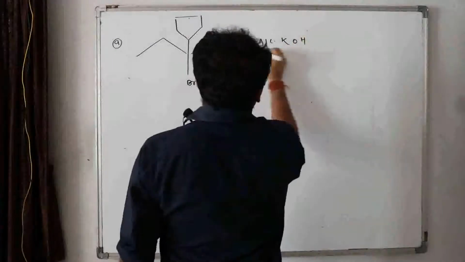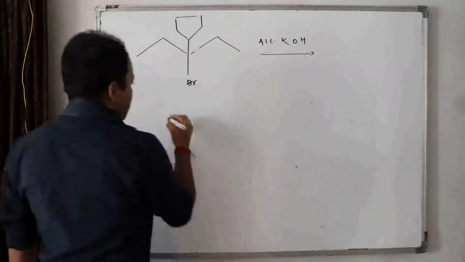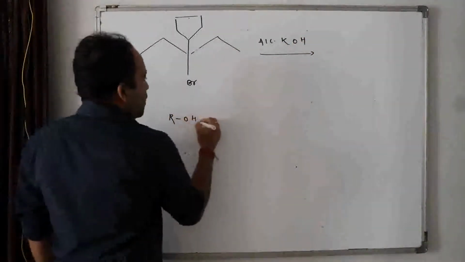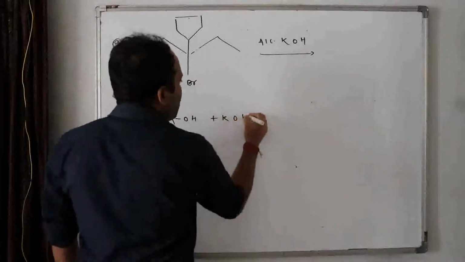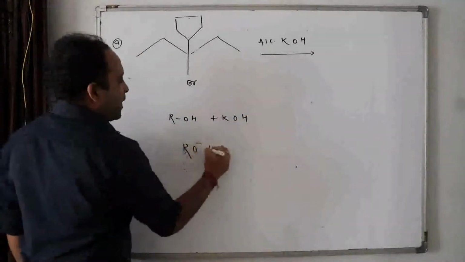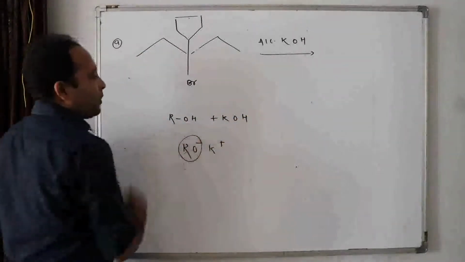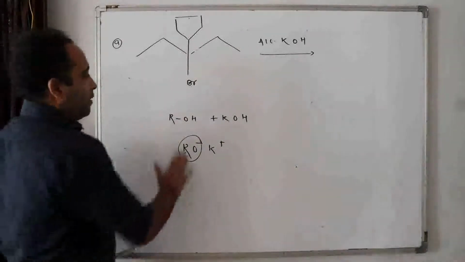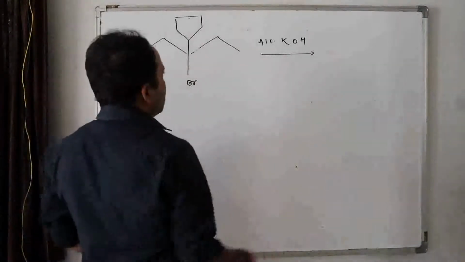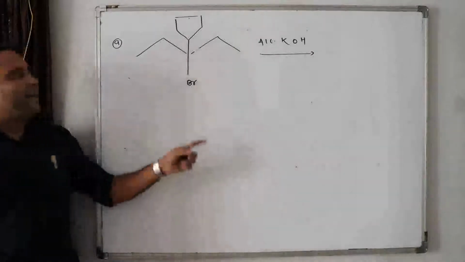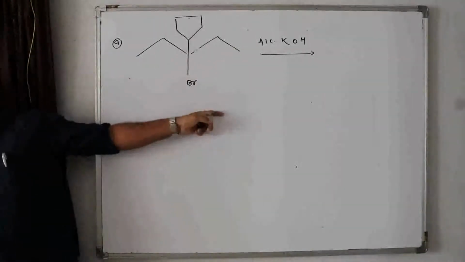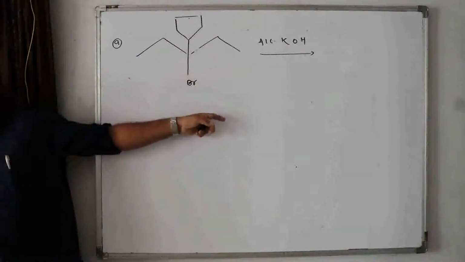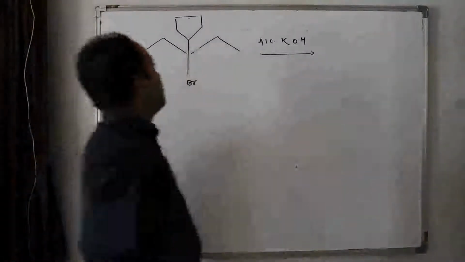Do you remember? Now only I discussed alcoholic KOH. It means any alcohol with KOH. What will happen? RO minus K plus, strong base. Isn't it? Now this was a JEE question. Now tell me, how many varieties of products will be formed? Tell me.